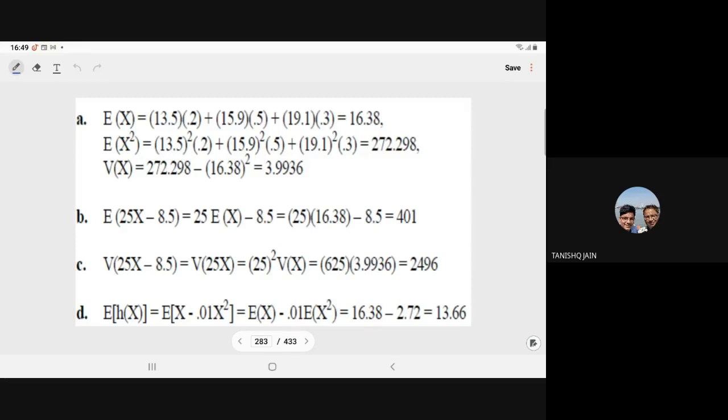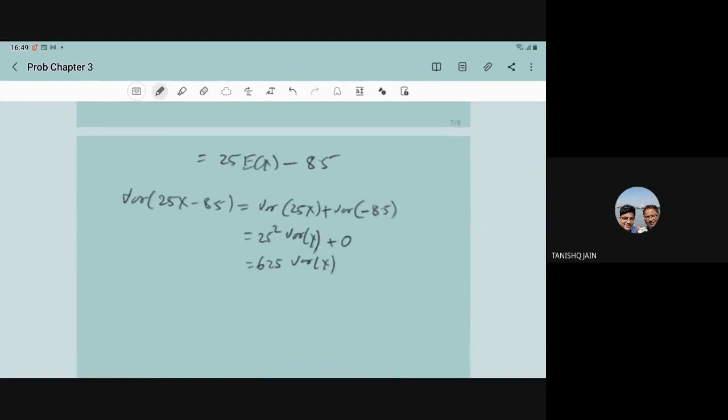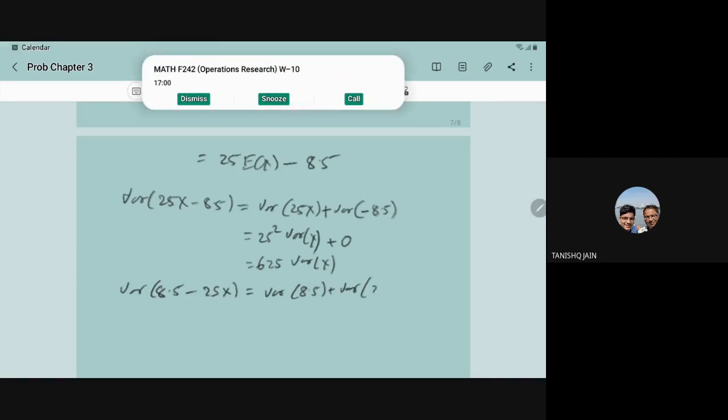Sir, I have to ask how to compute: if it is 8.5 minus 25x, then do we keep the minus or not? Good question, let me explain. If it is 8.5 minus 25x, then we have to write the variance of 8.5 plus the variance of minus 25x.